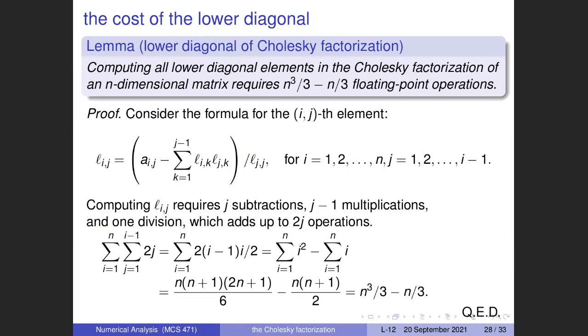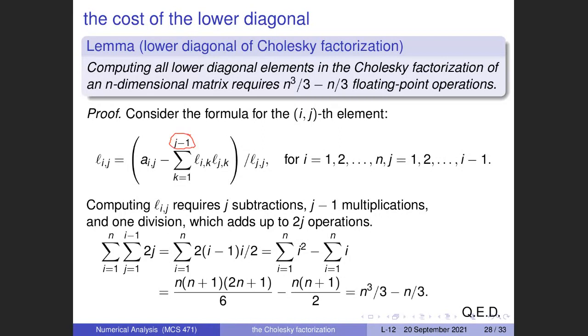We apply the same reasoning now to the lower diagonal elements. And now we get to a little bit more complicated reasoning. So we start from the formula again. We look at the formula for one lower diagonal element, and we say the big sigma will require j minus 1 operations. I see the big sigma essentially as a function of as many arguments as its length.